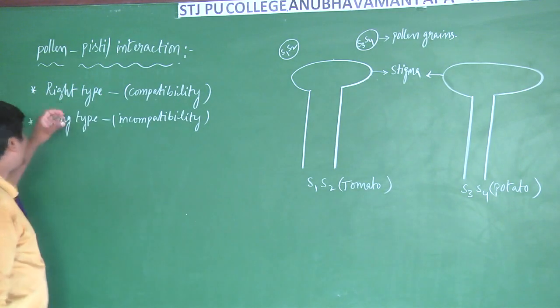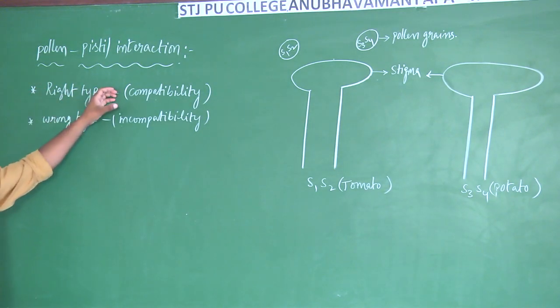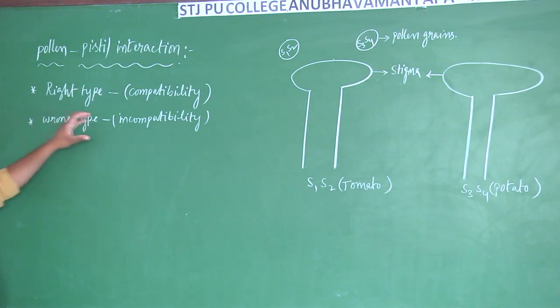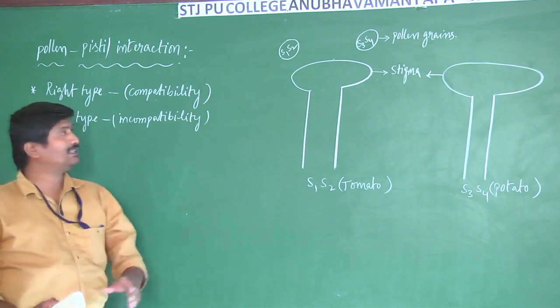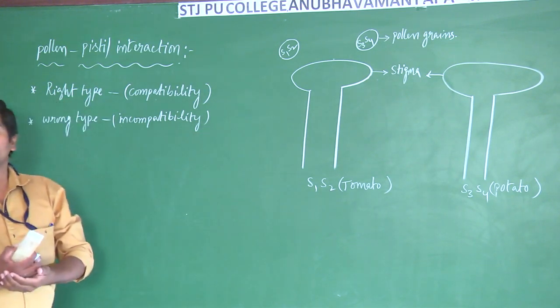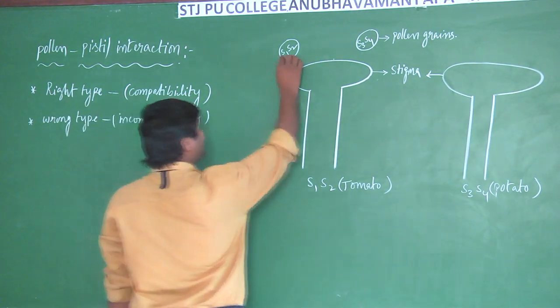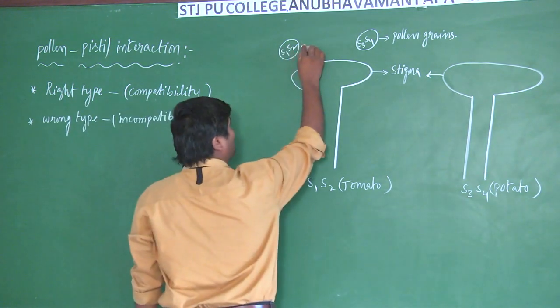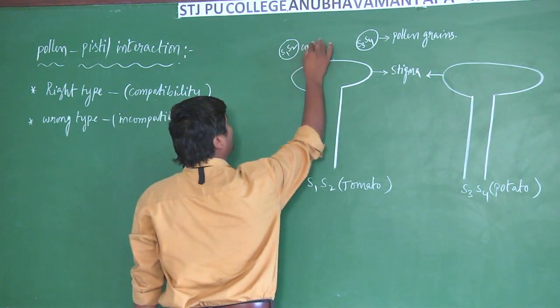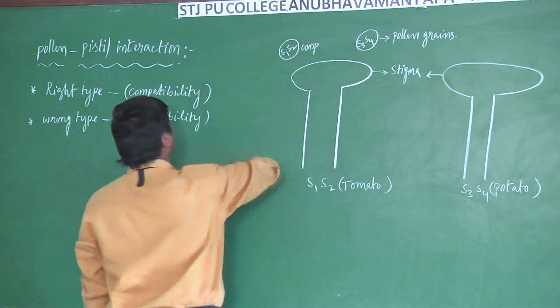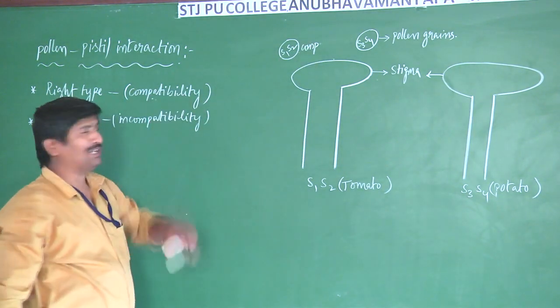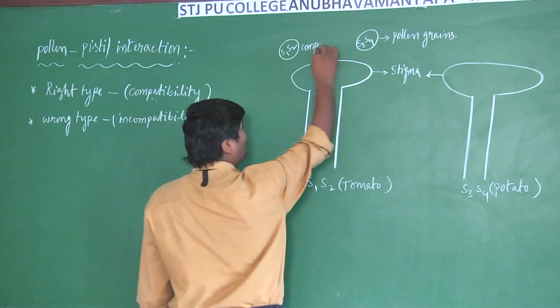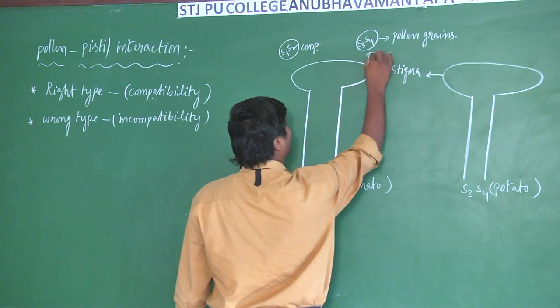What is the meaning of the right type of pollen? Compatibility. The wrong type of pollen is incompatibility. Right type means compatible pollen. What about this one? Incompatibility.